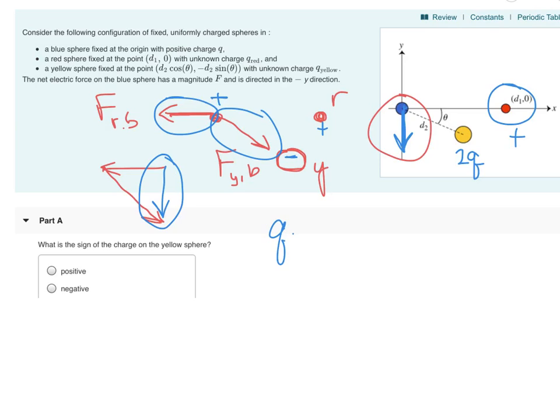So we want to know q red, based on the fact that the blue sphere is positive q, and we decided that the yellow is negative, so it's a negative 2q. To answer how that affects the net force on the red sphere, I'm going to use the force diagram from the blue sphere, but I'm going to go on the next page where I've got a little more room.